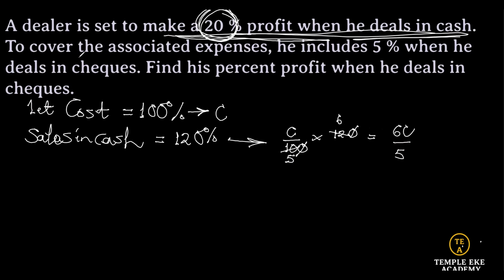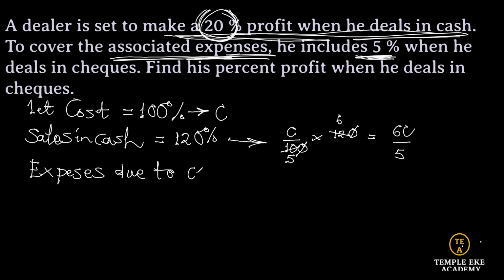Now, in order to cover the expenses associated with dealing in checks, he includes a 5%. This 5% is going to be 5% of the sales. So let us see, expenses due to checks. The expenses due to checks is going to be 5% of this value.